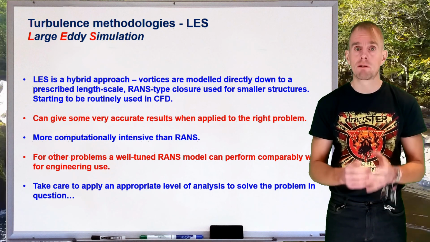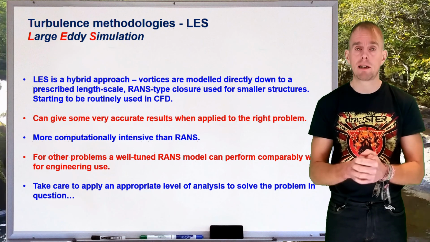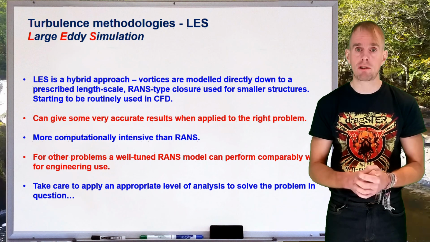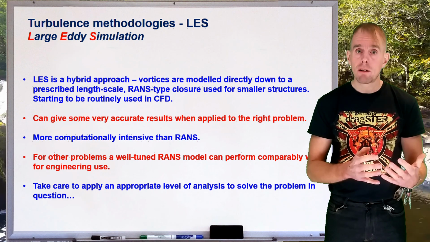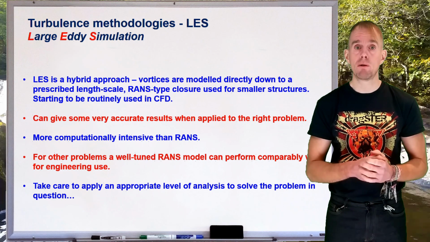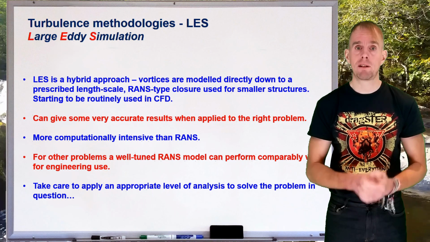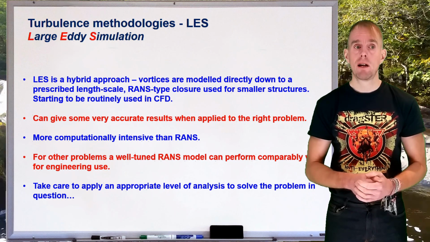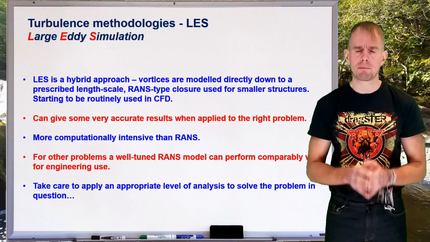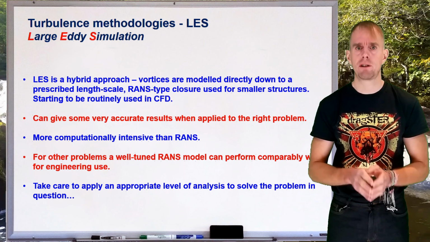Likewise, don't default to Large Eddy Simulation thinking it's going to be better because it directly models vortices down to a certain size scale. A well-tuned Reynolds Averaged Navier Stokes model may be quicker, may give you a comparable level of detail for engineering use, and may be significantly computationally less expensive. And so, from an engineering standpoint, use the appropriate level of modelling and simulation that is fit for your purpose.